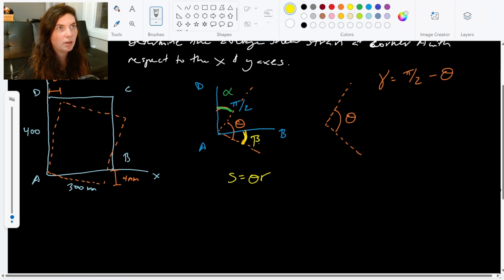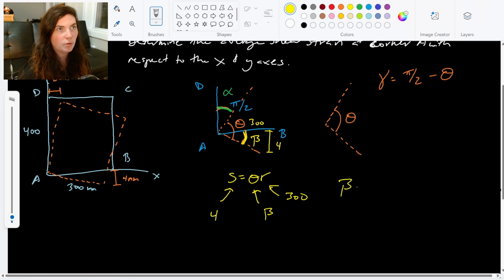If I use my small angle analysis theory, S is this distance here, and R is the radius that was originally there. So R is that 300. Our theta angle here is actually beta for this application, and the distance that it goes through, this S, is 4 millimeters.